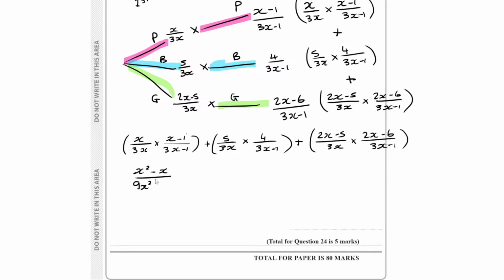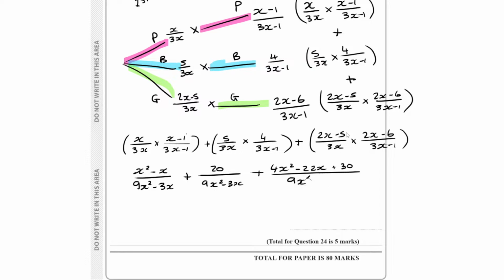Expand the denominator as well: 9x squared minus 3x plus 20, obviously the same. And the last one is a double bracket, so that would be 4x squared minus 12x minus 10x, that'd be minus 22x, skipping ahead there, plus, that's a double negative, plus 30.